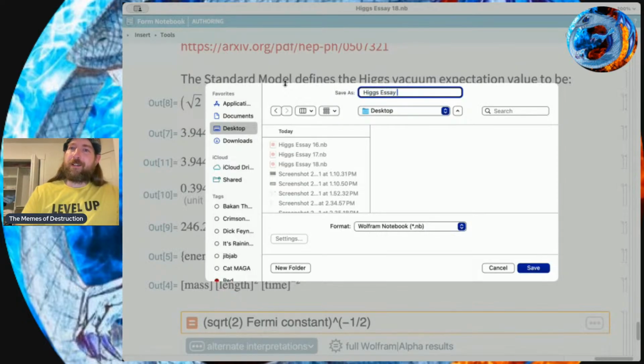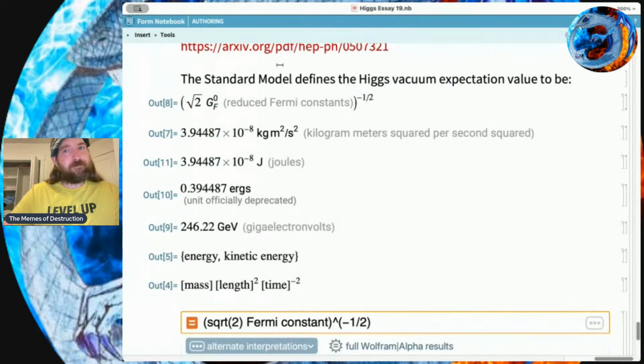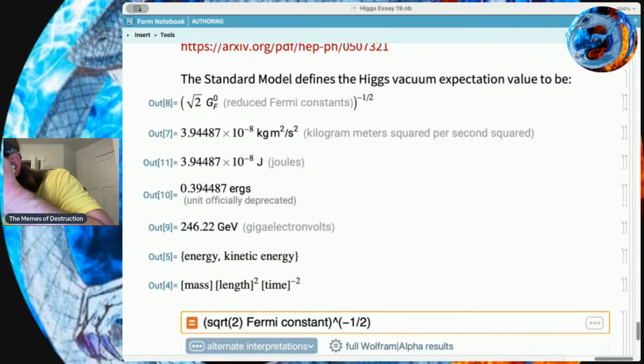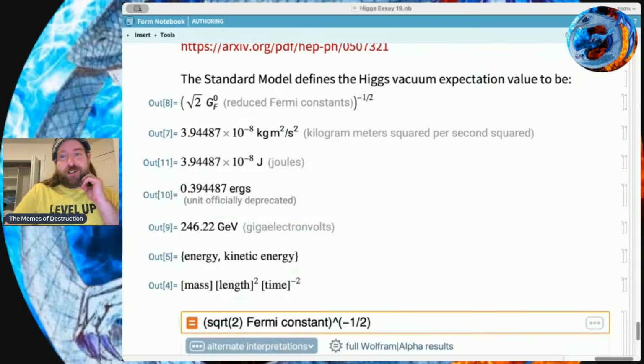Higgs, say 19. File, saved to cloud. I need to go to code data to actually get enough significant digits.